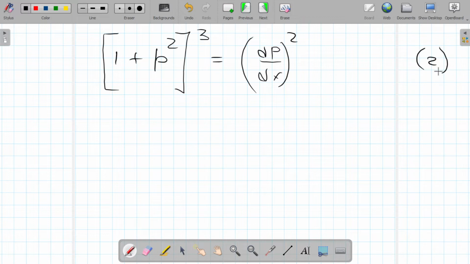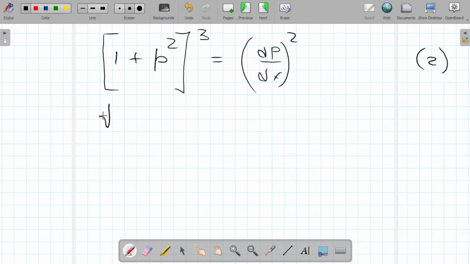Now, to get equation 2 into a form that can be solved, we need to get rid of the squared term on the right-hand side, because we don't want dp by dx all squared. What we want is just dp by dx on its own.